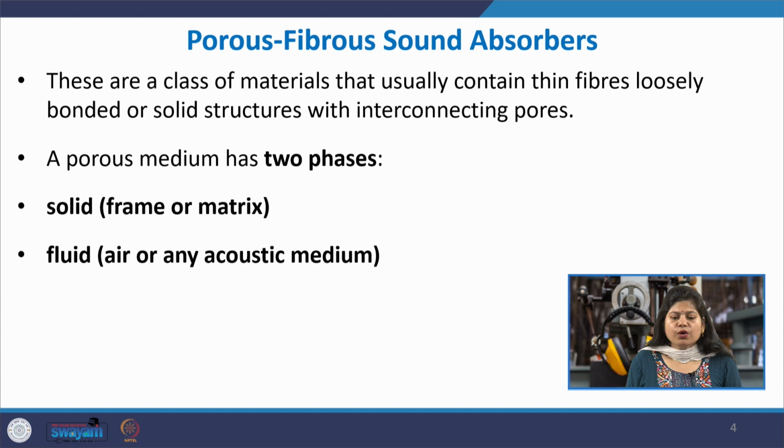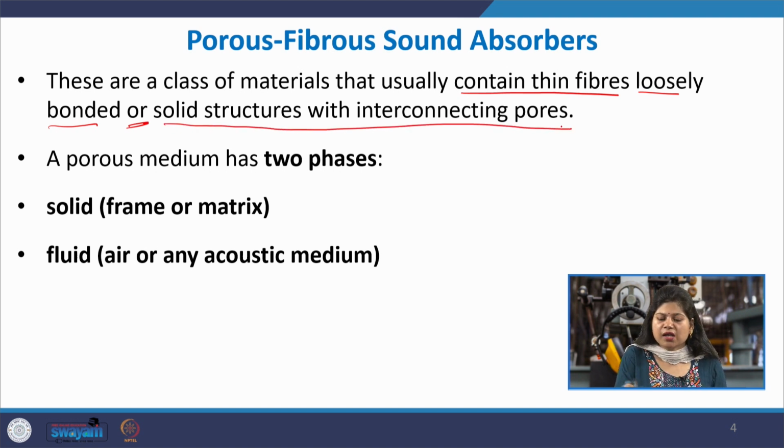So, usually as the name suggests, porous fibrous means that they are a class of materials that usually contain thin fibers that are loosely bonded, or they contain solid structures with interconnecting pores.